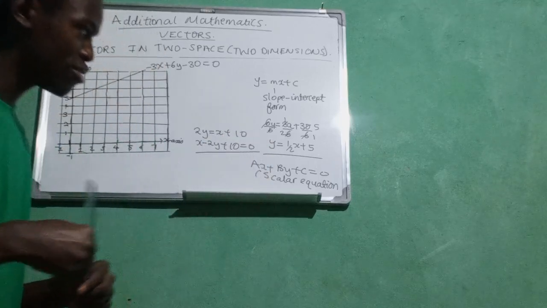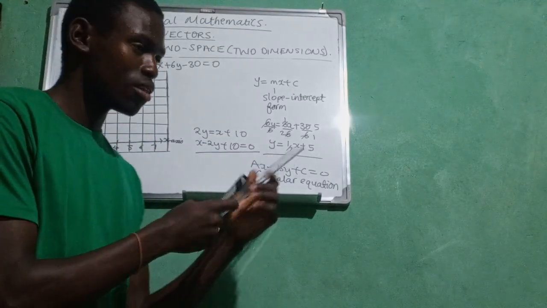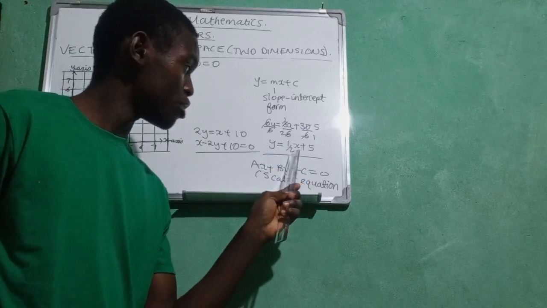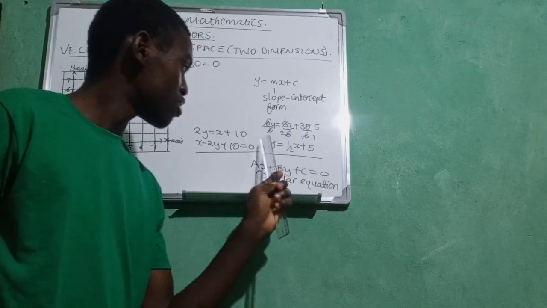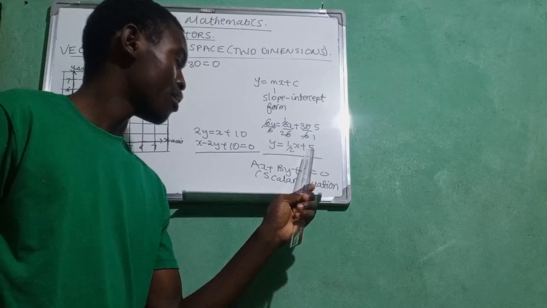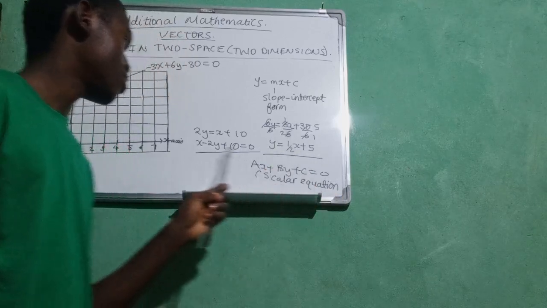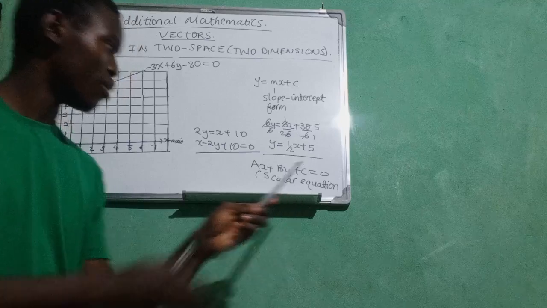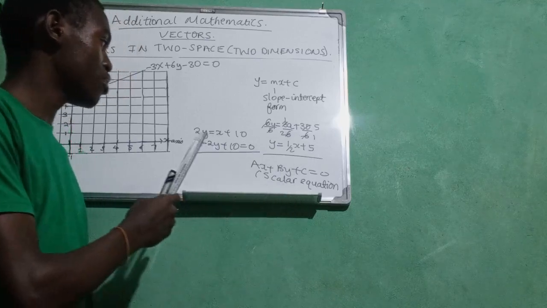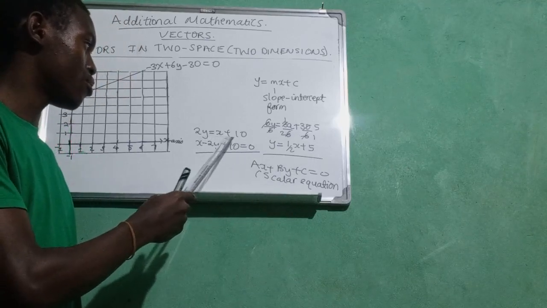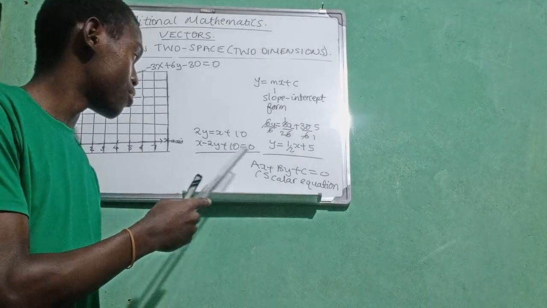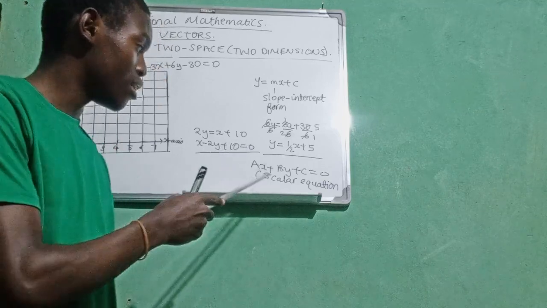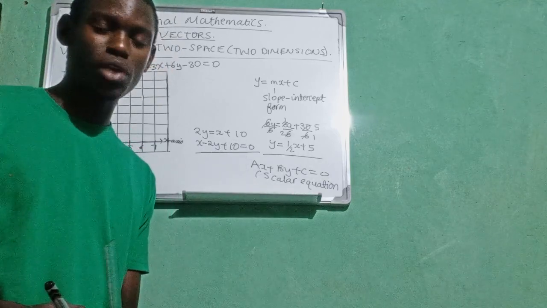What I did is multiply throughout by 2, which gave us 2y is equal to x plus 10, then I collected like terms, so it became x minus 2y plus 10 is equal to 0. Now it was in the form that is called the scalar equation.